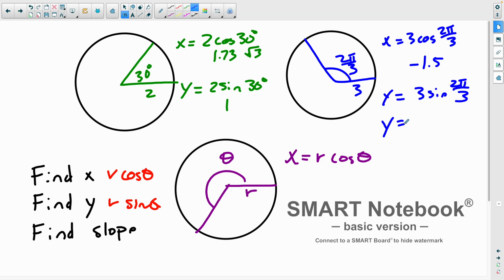If you did the exact version of that, you got 3 square roots of 3 over 2, which the approximate version would have been 2.6 or 2.59. And then the general form of this would be y equals r sine of theta.